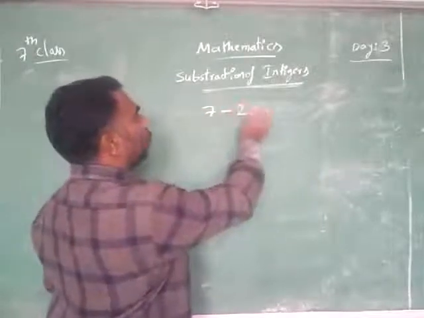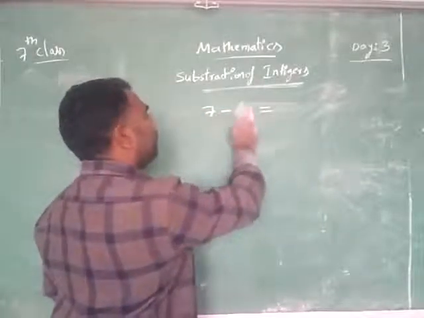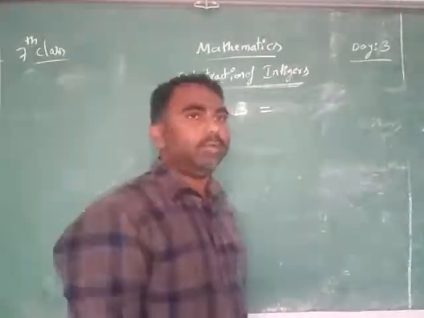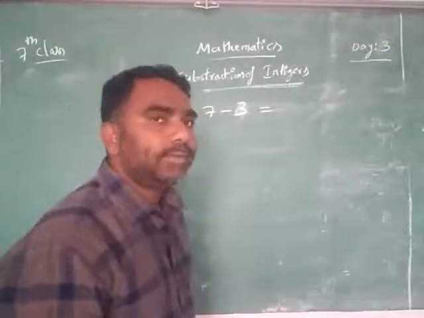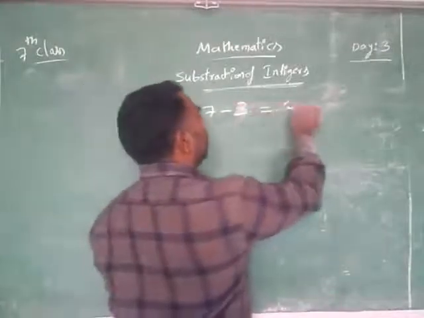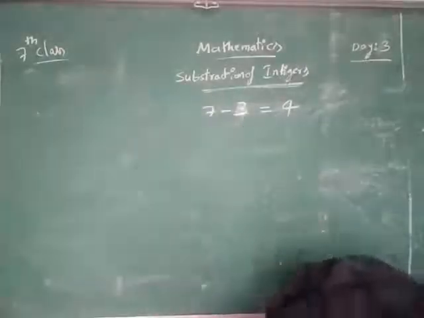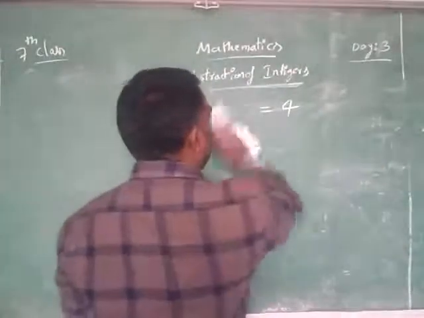7 minus 2 or 7 minus 3. These are subtractions we have learned very well, so you can answer them very well. 7 minus 3 is 4. I am writing it like this using brackets.